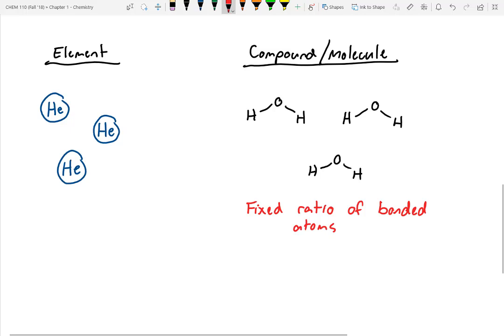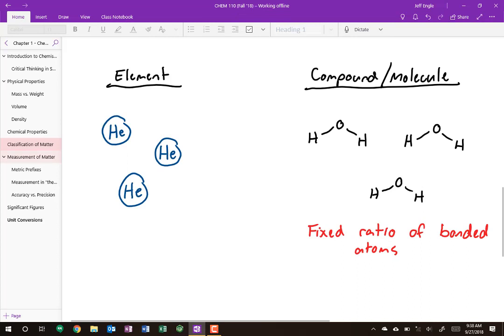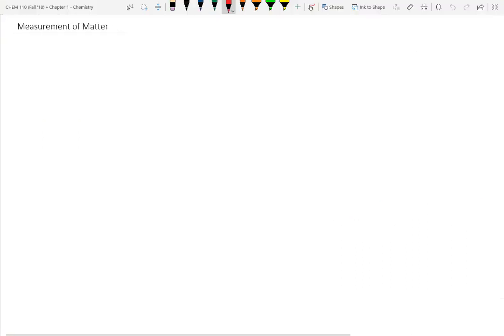All right, so now we got to get into measurement, which you practiced a little bit yesterday in lab. And measurement is really important in science, and scientists often use a special measurement system, and it's called SI units.